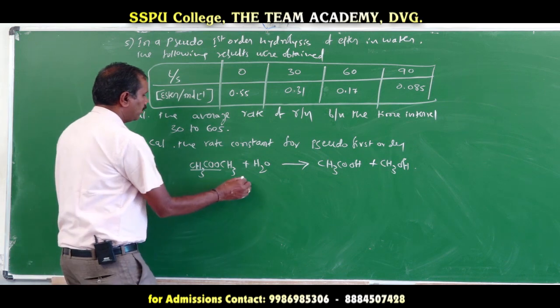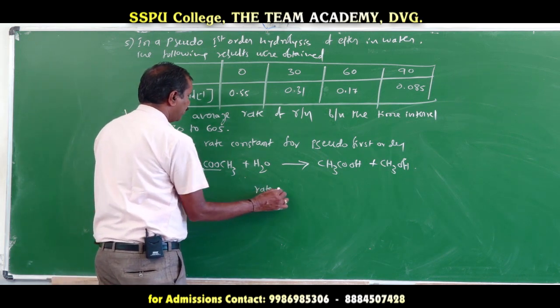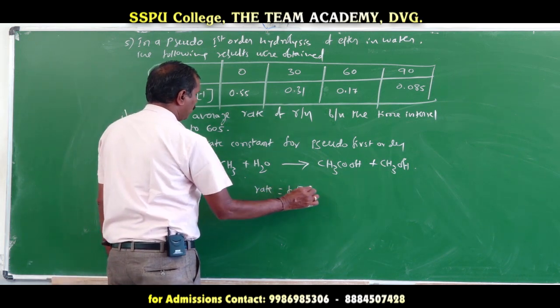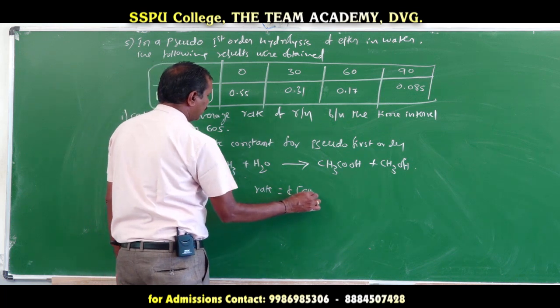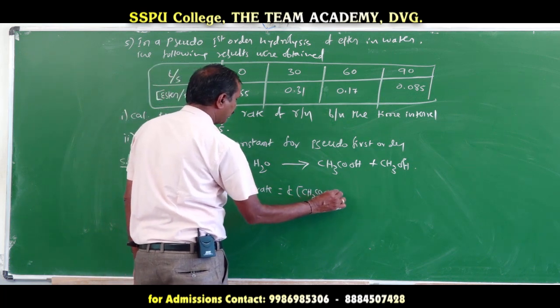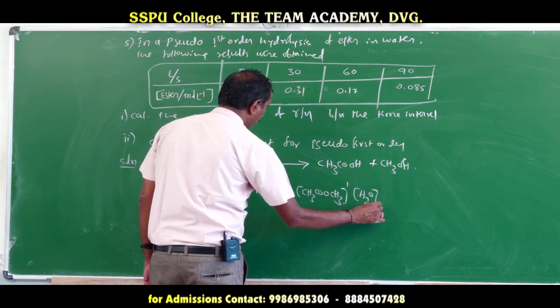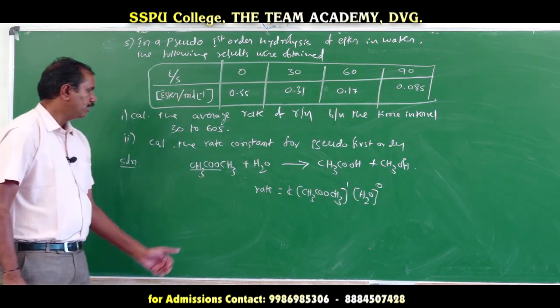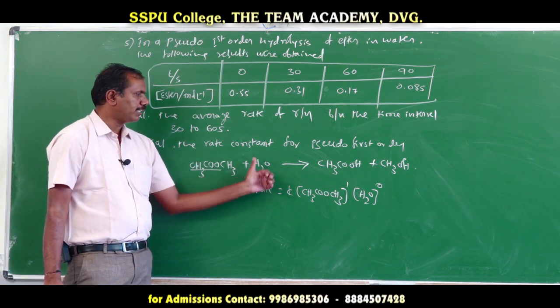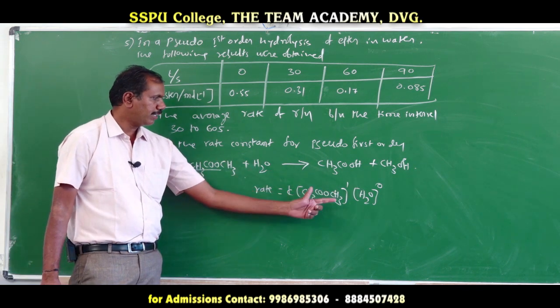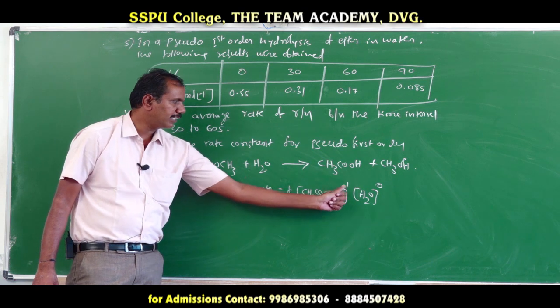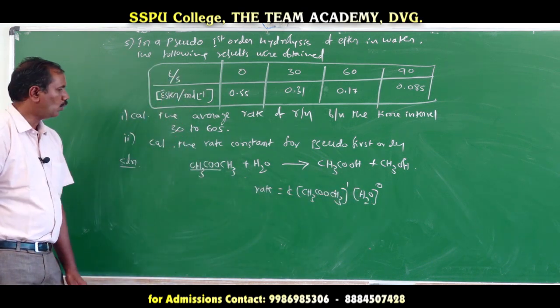Pseudo first order means rate is equal to K into molar concentration of reactant. Here CH3COOCH3 is to the power 1, and H2O concentration is to the power 0. The molecularity of the reaction is 2, but the order is 1. The velocity depends only upon methyl acetate, not on the concentration of water.